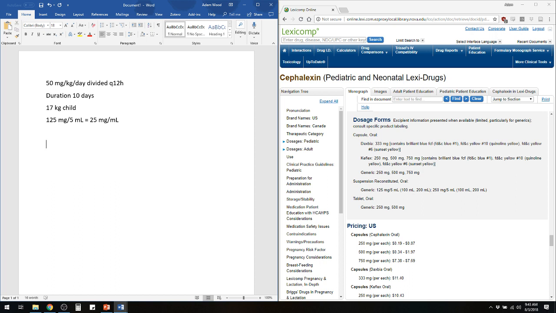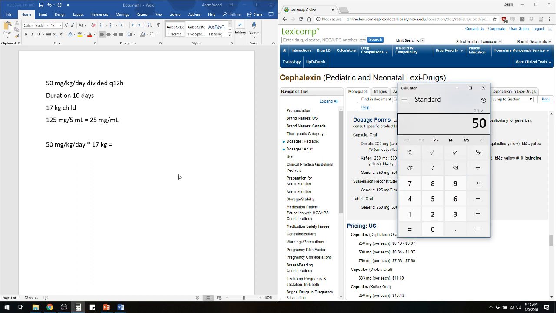So, what's the first step? I'm going to take 50 milligrams per kilogram per day and multiply that by 17 kilograms, which should equal, so 50 times 17 is going to be 850. So we're getting 850 milligrams per day, because the kilograms have canceled out at this point.